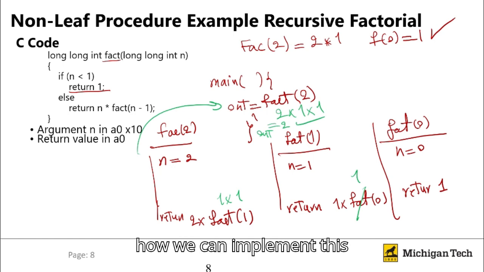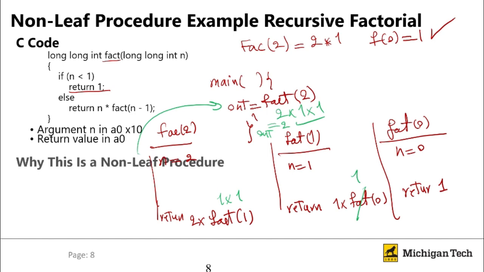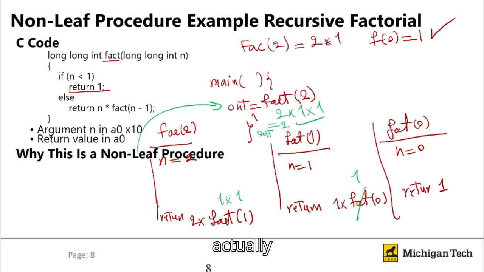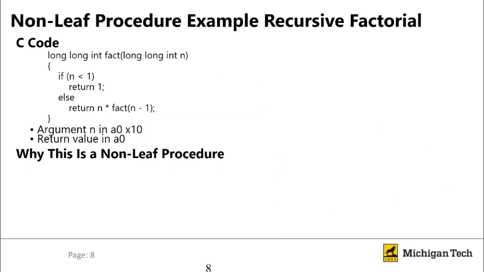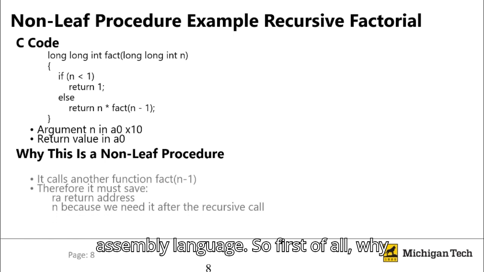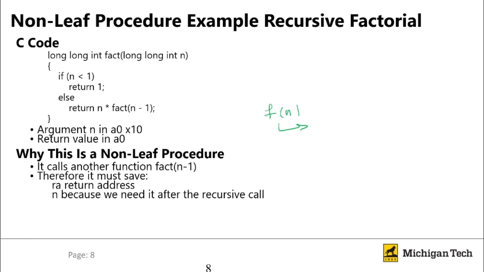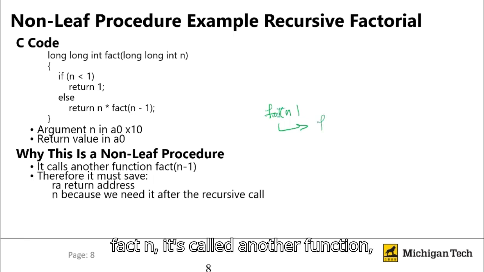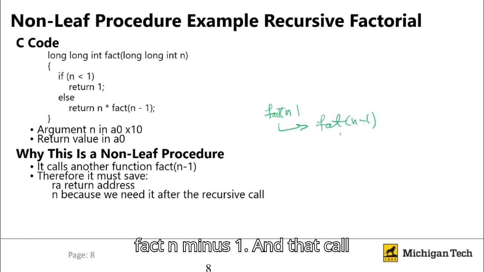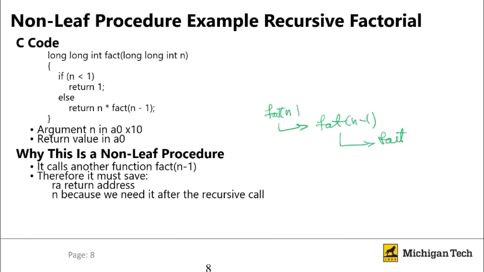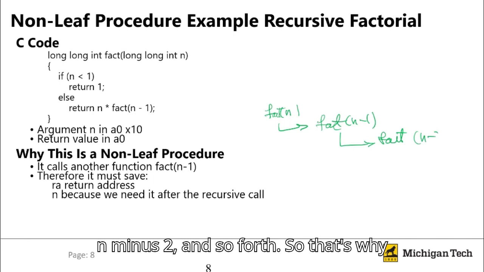So let's see how we can implement this using assembly language. So first of all, why is this non-leaf? Because each function, for example fact n, calls another function fact n minus 1, and that calls another function fact n minus 2, and so forth.